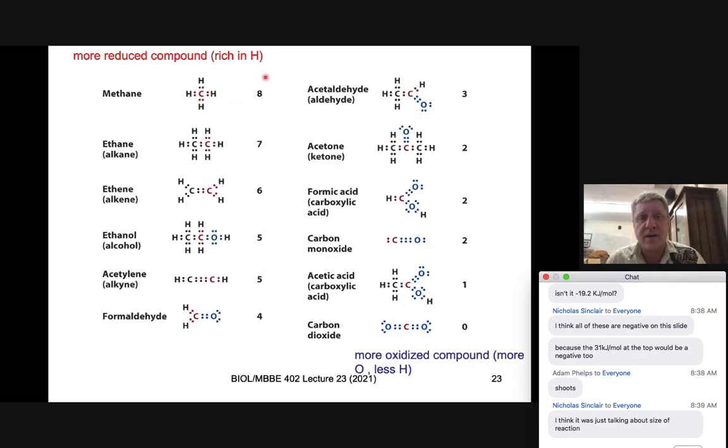So the highest richness in hydrogen gives us this more reduced capacity. But when we start moving to the more formal molecules that we're going to work with, like acetic acid and carbon dioxide, we're going to see the capacity of this changing in regards to the number of hydrogens and the number of oxygens around in regards to sharing those electrons.